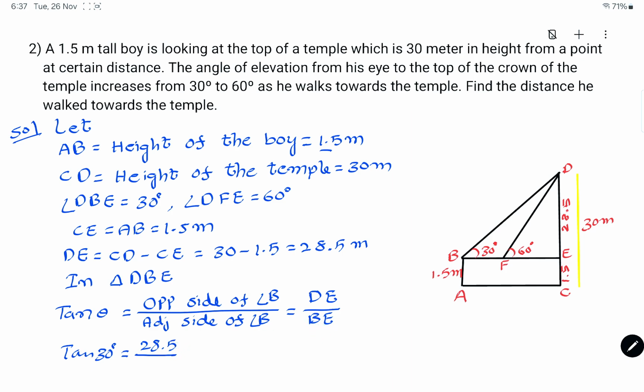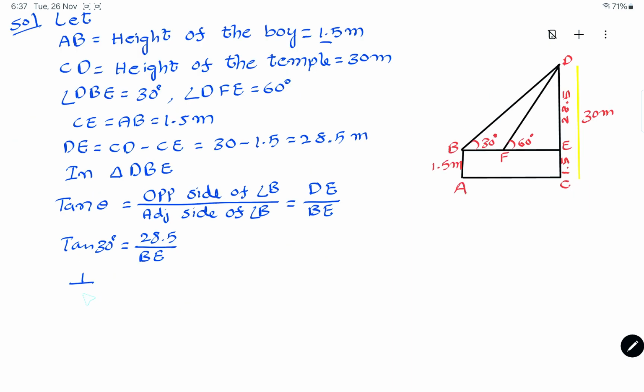Here we need to find BE. So write BE as it is. Tan 30 is 1 by root 3, equal to 28.5 by BE. Do cross multiplication, then you will get BE into 1, BE, equal to 28.5 into root 3, 28.5 root 3.